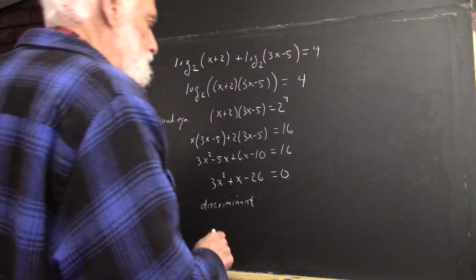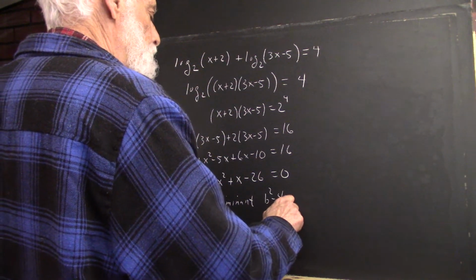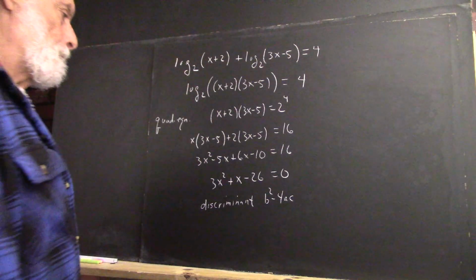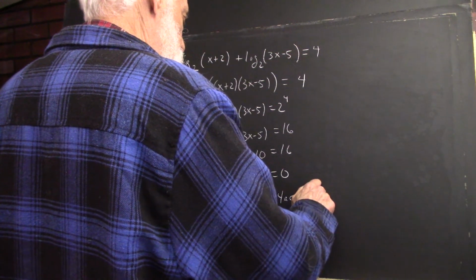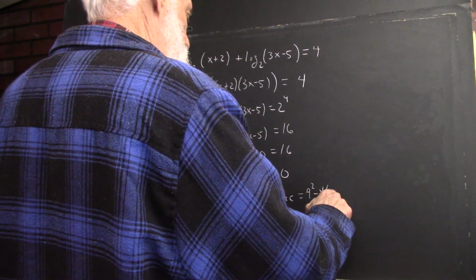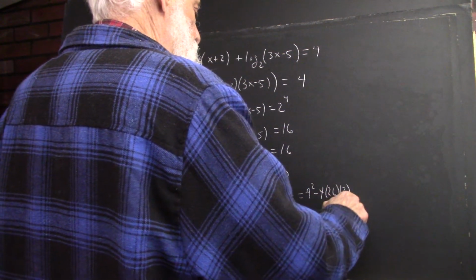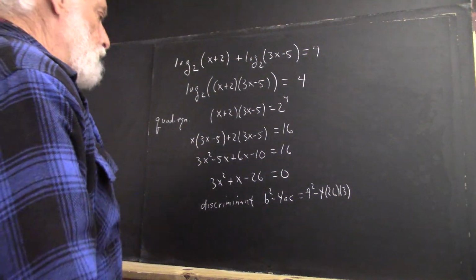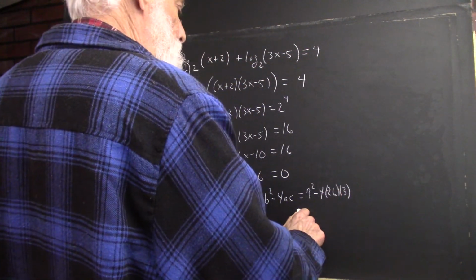But just to be sure, the discriminant is b squared minus 4ac, which goes under your radical, which is going to be 1 squared minus 4 times negative 26 times 3.